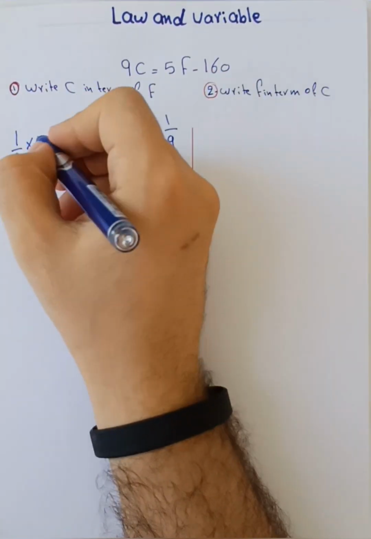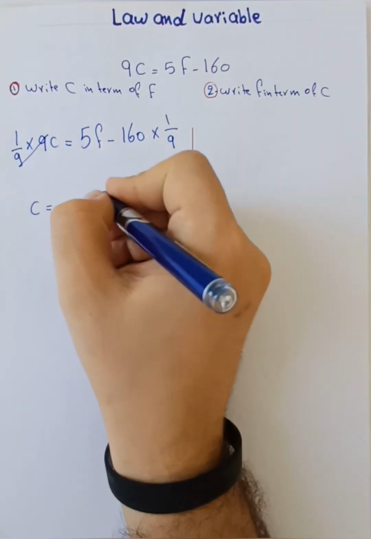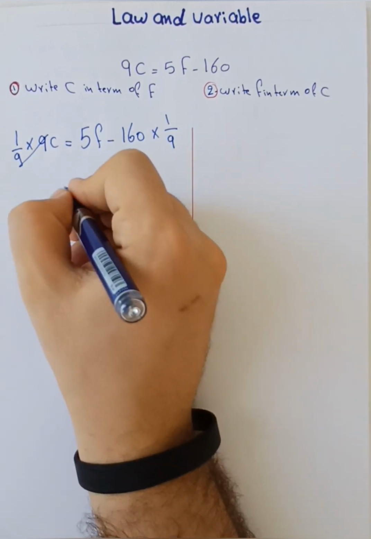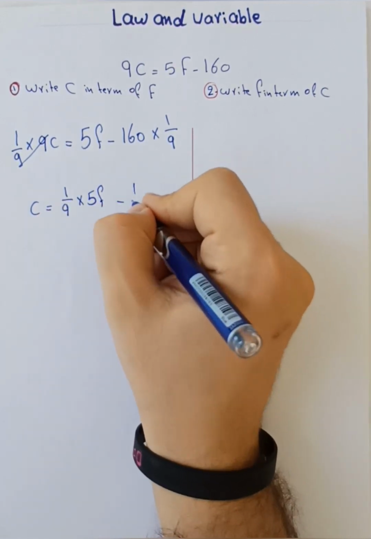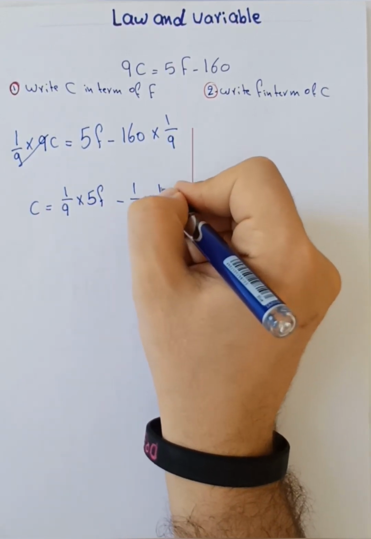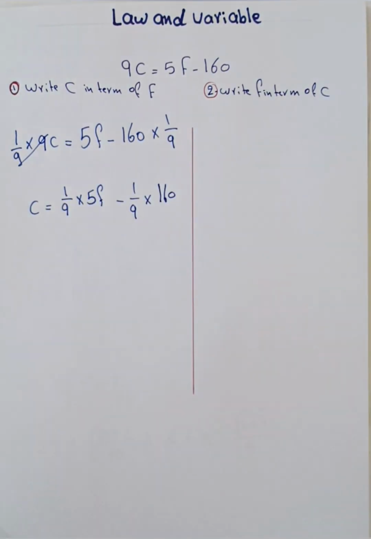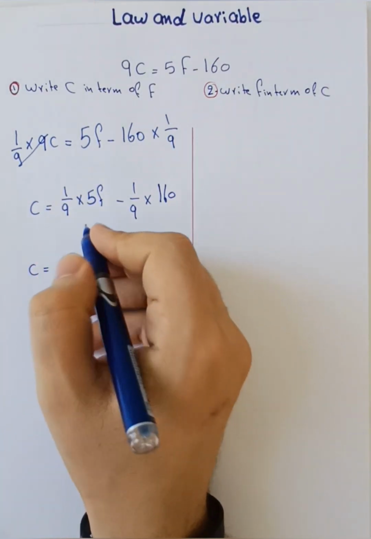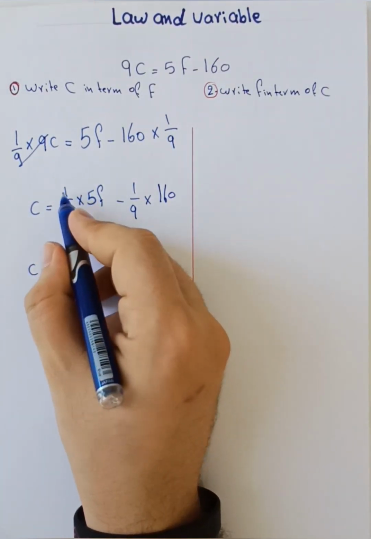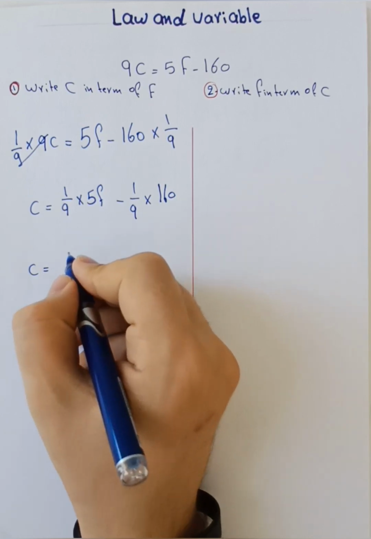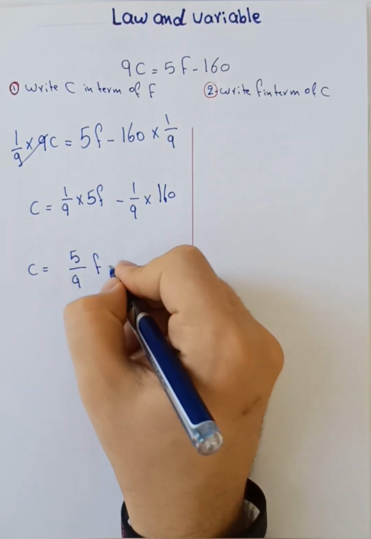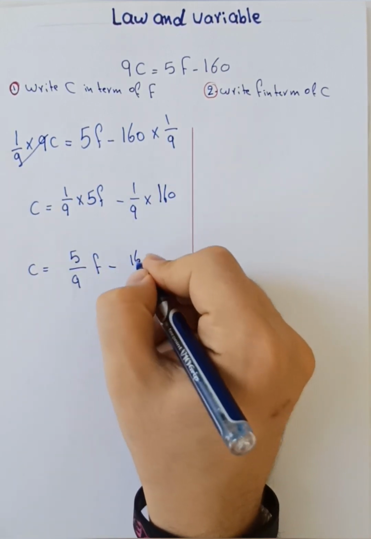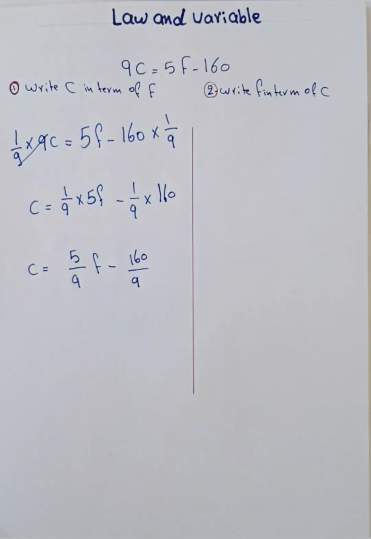So these two 9s are reduced, c equal to 1 out of 9 times 5f minus 1 out of 9 times 160, and then c equal to 5 out of 9 f minus 160 out of 9.